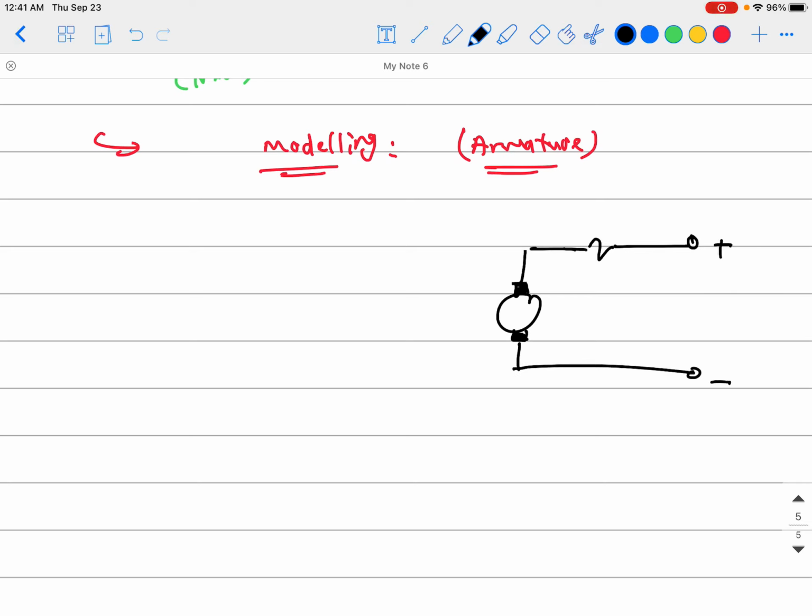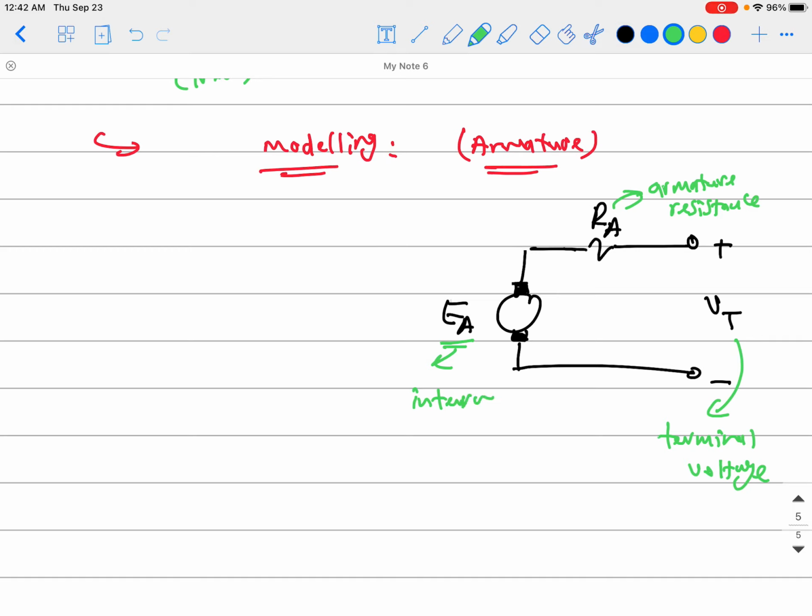Here is the voltage applied from the terminal. Vt is the terminal voltage. And this resistor is Ra, the armature resistance. And this is Ea, a voltage source representing the induced voltage inside the armature, like we just investigated.